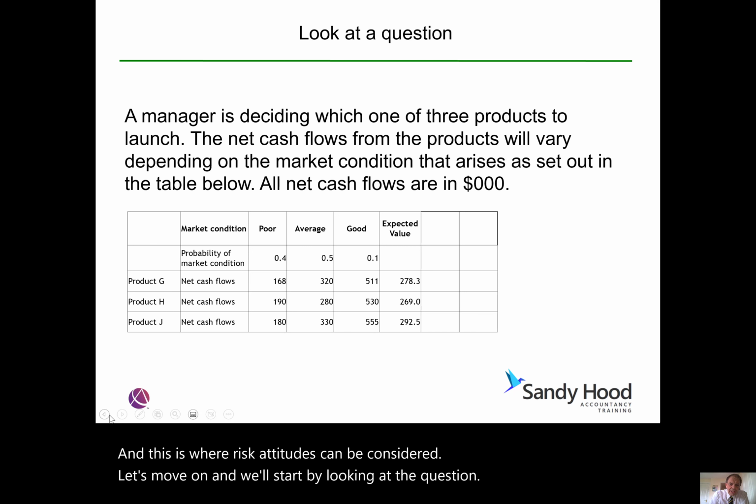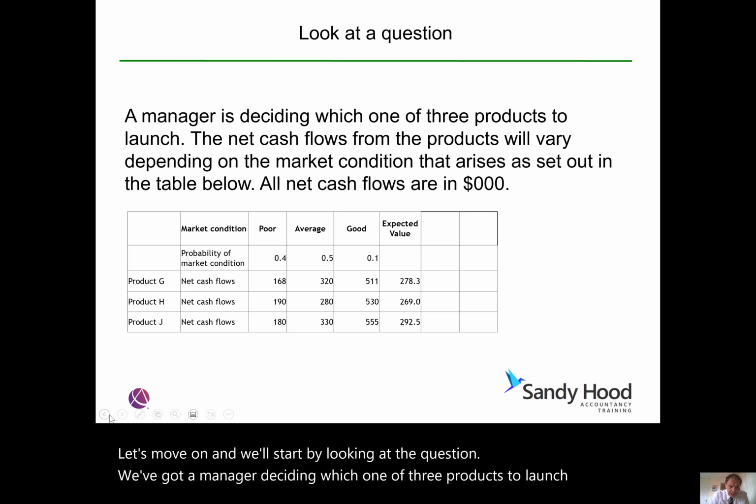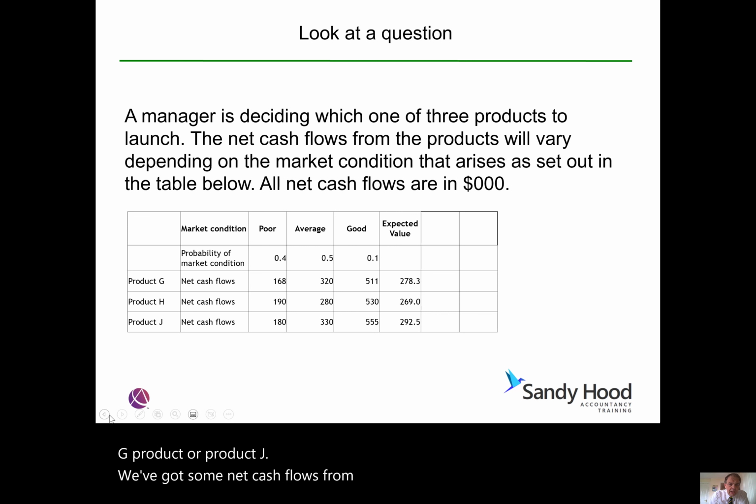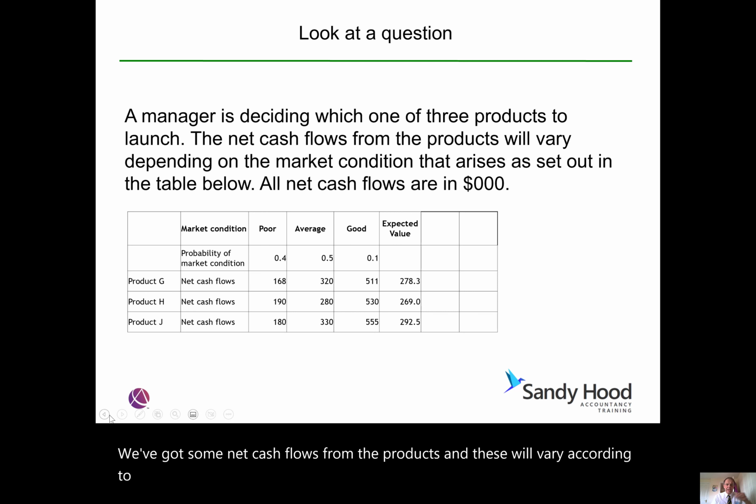We've got a manager deciding which one of three products to launch, product G, product H, or product J. We've got some net cash flows from the products, and these will vary according to the market conditions that arise as set out below.